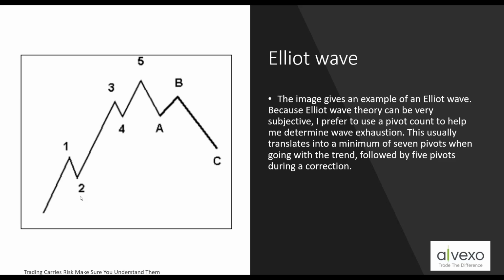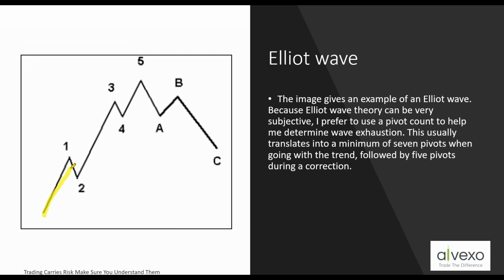Now, the image gives an example of an Elliott wave, because Elliott wave theory can be very subjective. I prefer to use pivot counts to help me determine wave exhaustion. This usually translates to a minimum of 7 pivots when going with the trend, followed by 5 pivots going as a correction. Pivots are points.